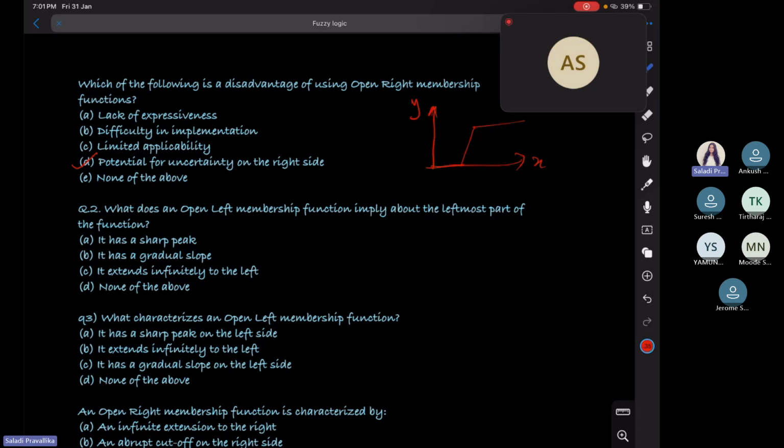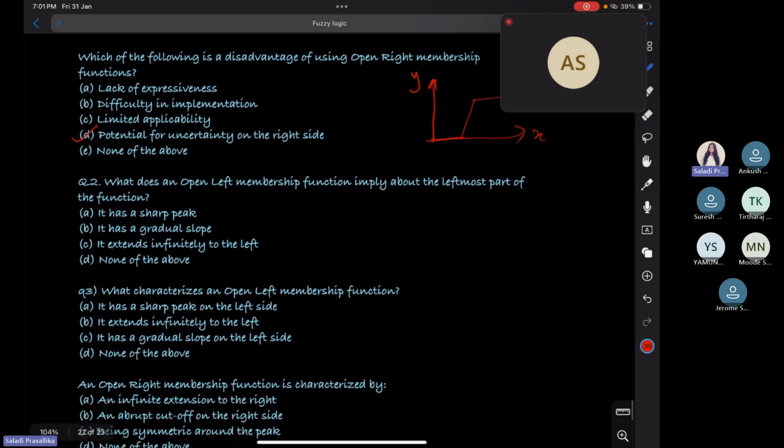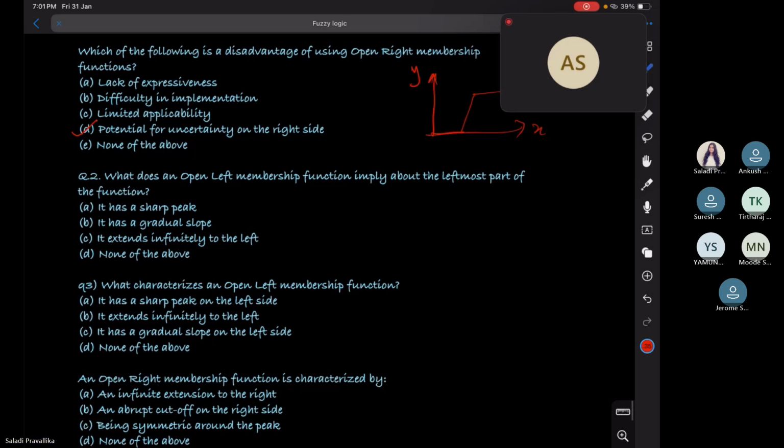Okay. So next question. What does an open left membership function imply about the leftmost part of the function? Okay, so this is the open left membership function. What do you think is the implication about the leftmost part?